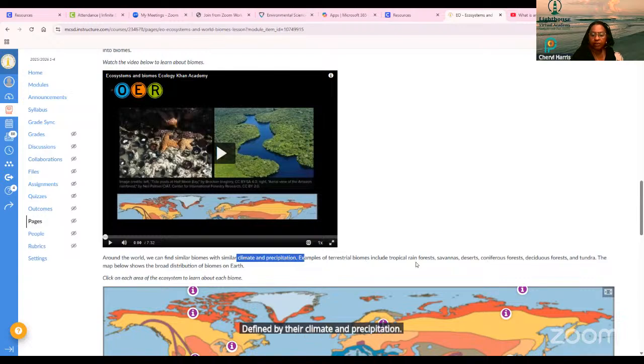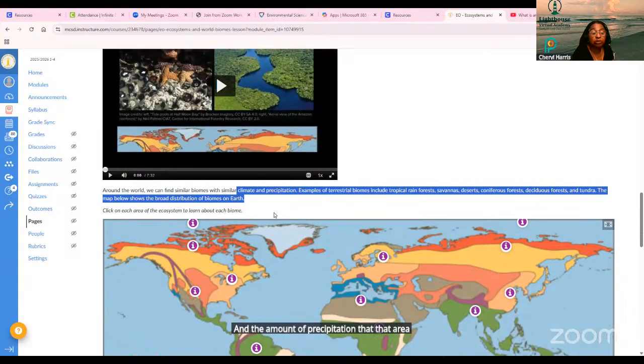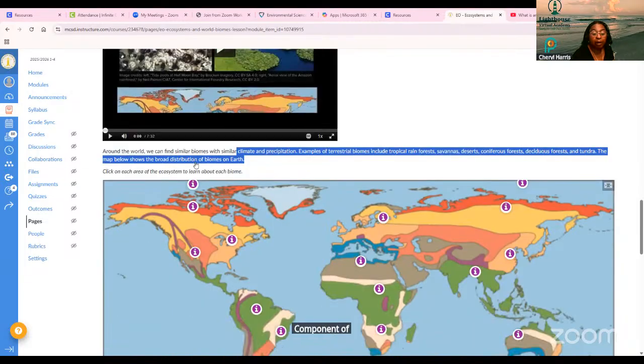Climate depends on where the area is in relation to the equator, and the amount of precipitation that area receives is also an important component of describing a biome.